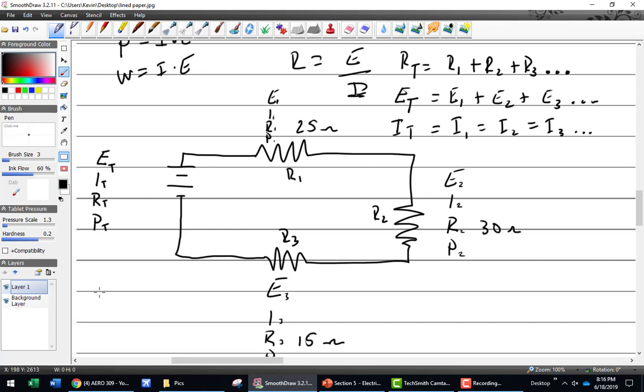And what I'm saying when I tell you this is that, number one, to figure out the resistance, all I have to do is add up the resistance. So it's 25 plus 30 plus 15, which is? 70. Thank you. 70 ohms.